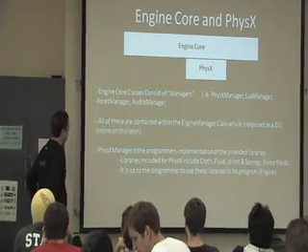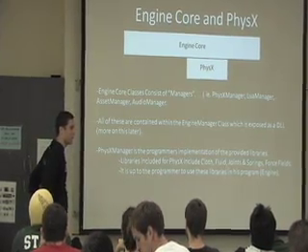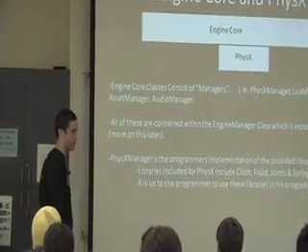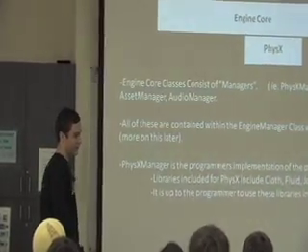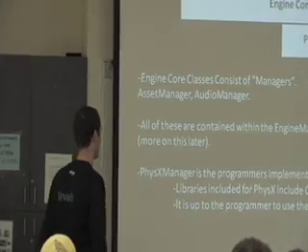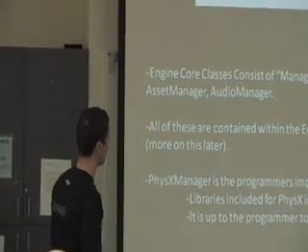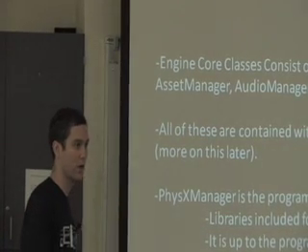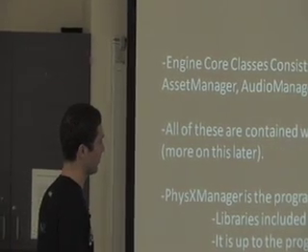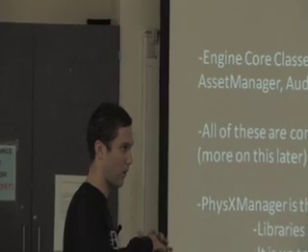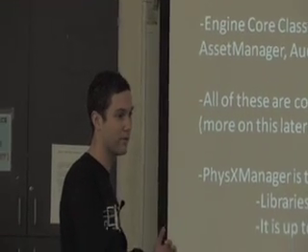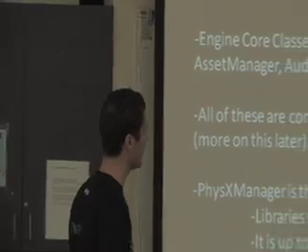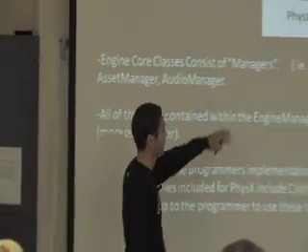And the engine core is what you would consider your standard C++ project with classes and different entities and things. And what we do is we have a bunch of things that we call managers. These managers are our implementation of the tools that we use. So for example, for physics, we have a physics manager.